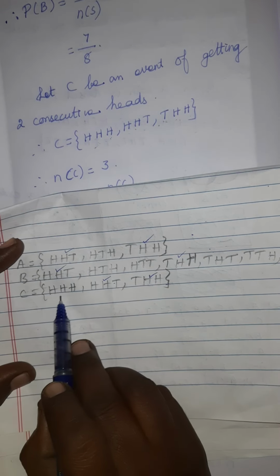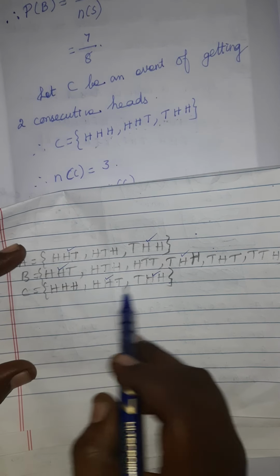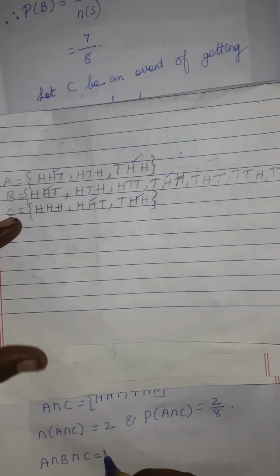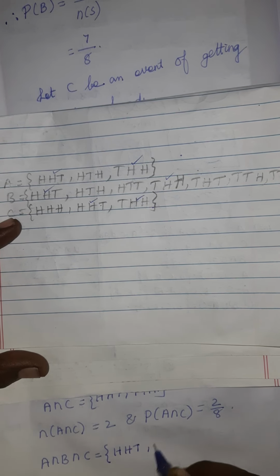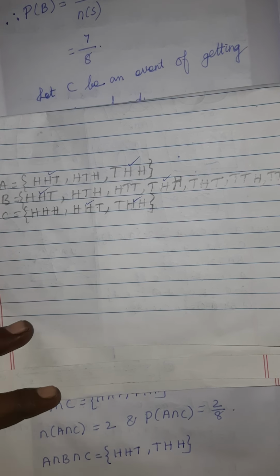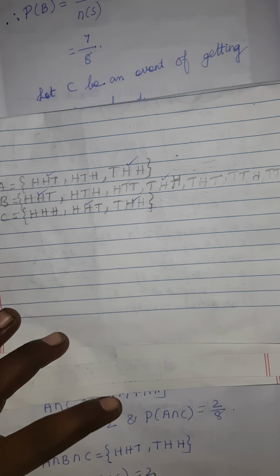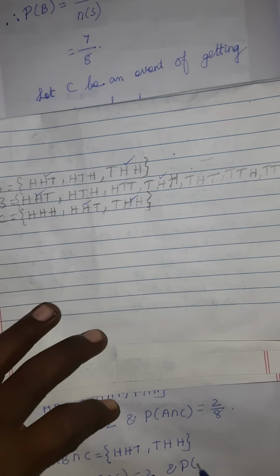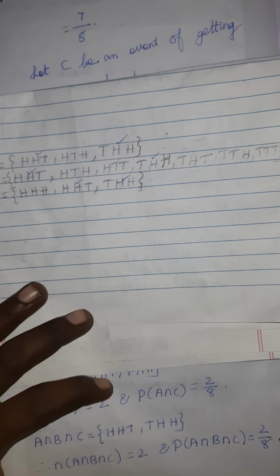Then H, H, H is not in B, and not in A also. Only these 2 elements, so we can write the set as H, H, T, T, H, H. Therefore N of A intersection B intersection C is equal to 2 and P of A intersection B intersection C is equal to 2 by 8.